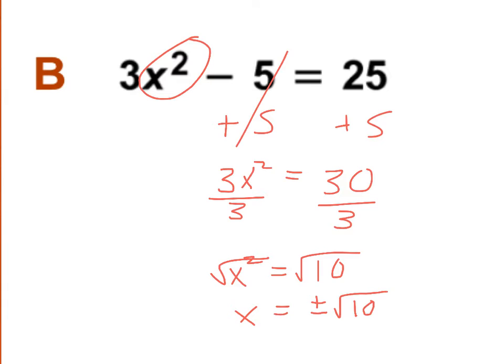So our two values are going to be a positive square root 10 and a negative square root 10. If we plugged in a positive square root 10 into here, it would work. And if we plugged in a negative square root 10, it would work. So that's why we have two answers for this.